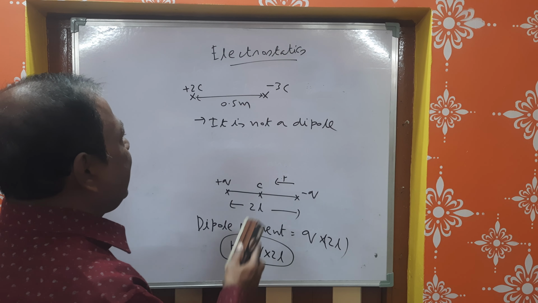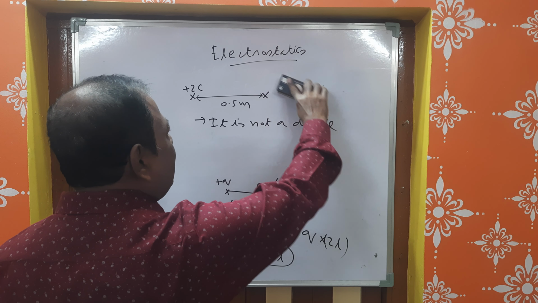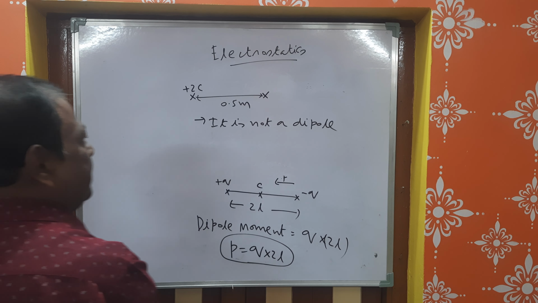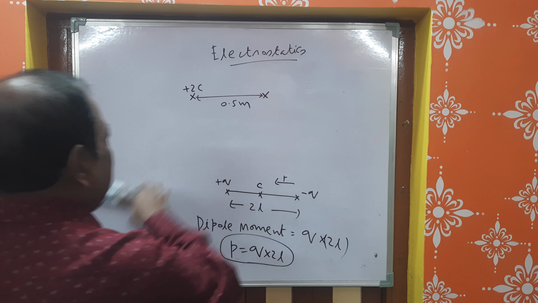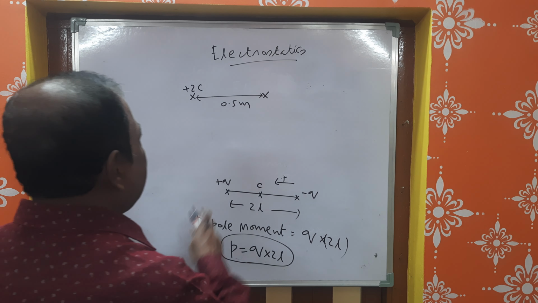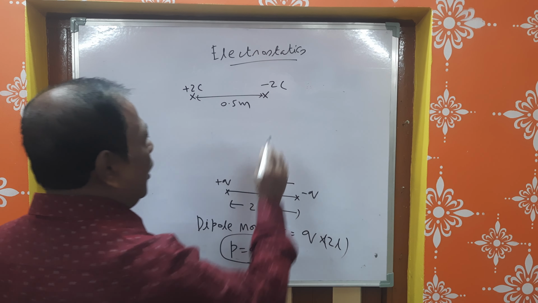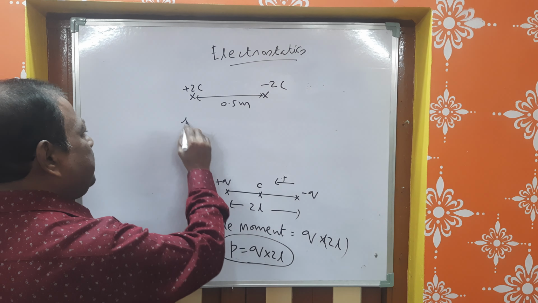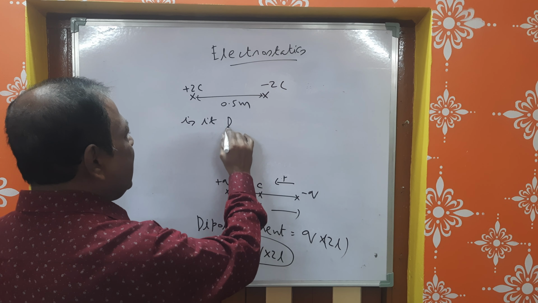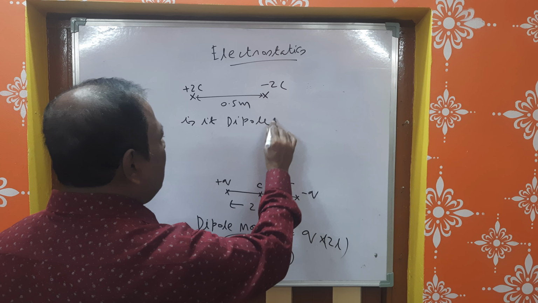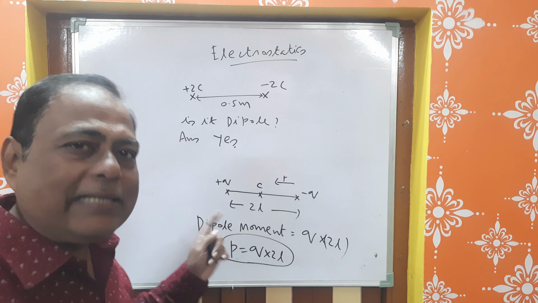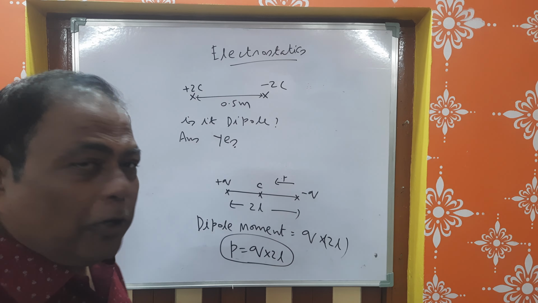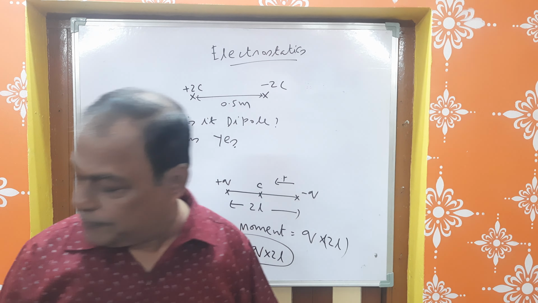Now suppose this is plus 2 coulomb, this is minus 2 coulomb. Question: is it a dipole? The answer is yes. Then, if it is a dipole, can you tell me what is the dipole moment?